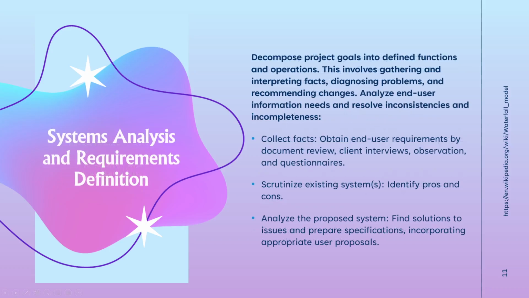And then they move on to systems analysis and requirements definition. This is a wordy title, but basically they take all of the data that they've researched and put it into documents that say this is the systems that we're going to need to analyze. These are the kind of requirements we're going to need to meet.